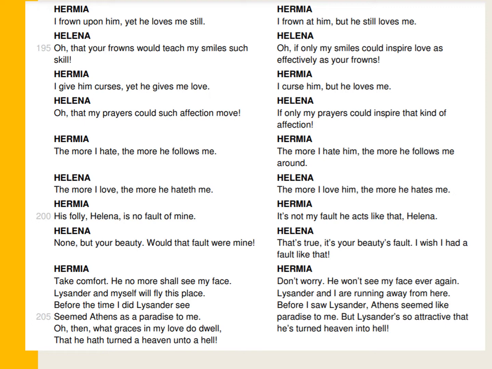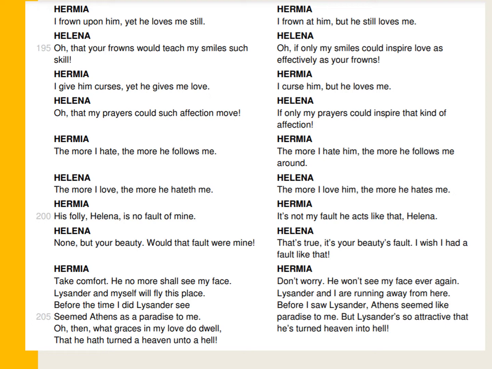Oh, his folly, Helena, is no fault of mine. None but your beauty. Would that fault were mine. Take comfort. He no more shall see my face. Lysander and myself will fly this place. Before the time I did Lysander see, seemed Athens as a paradise to me. Oh, then what graces in my love do dwell, that he hath turned a heaven unto hell.